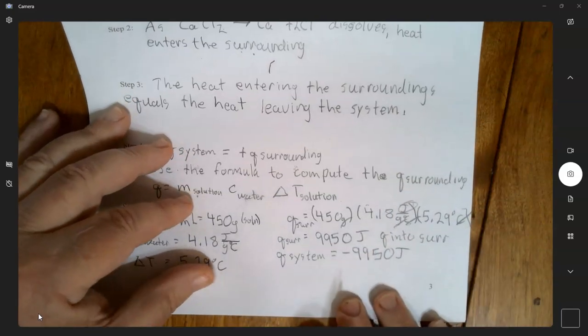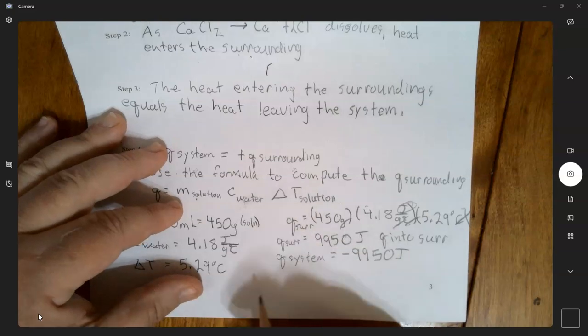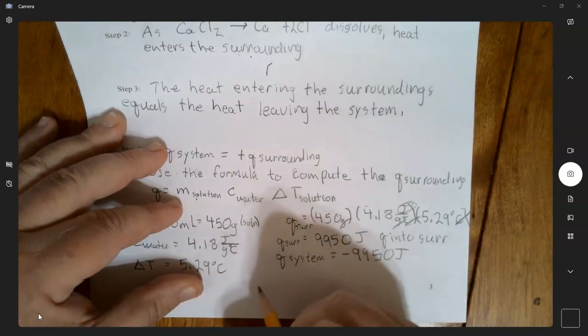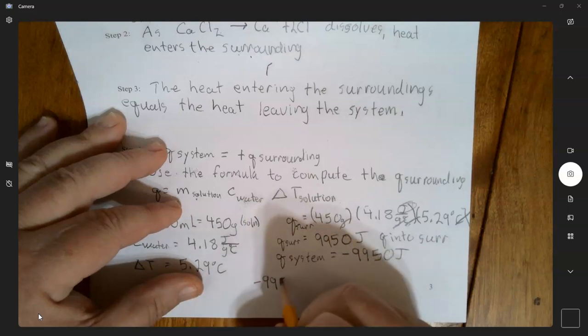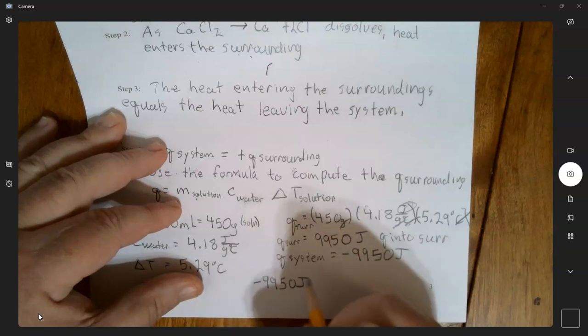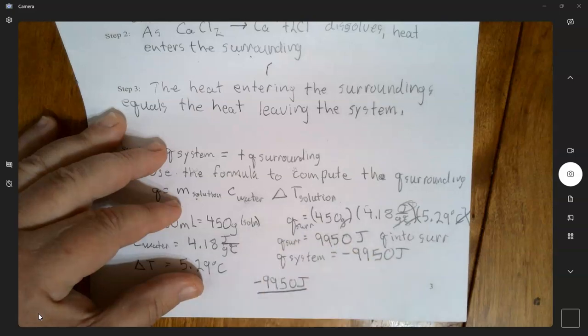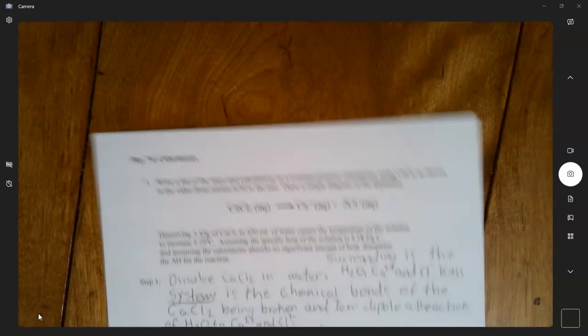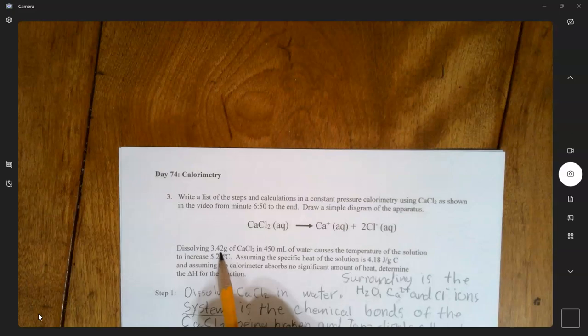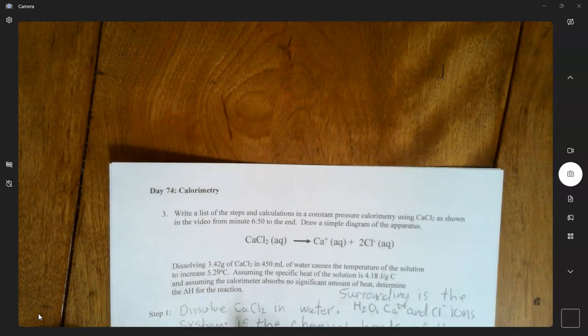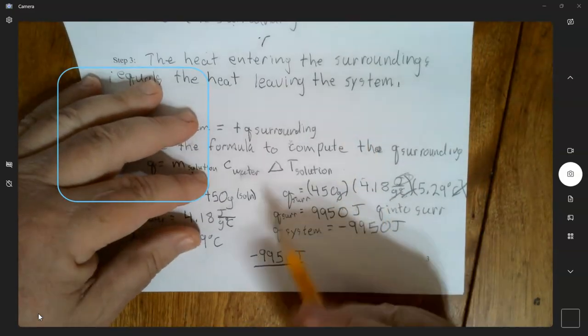Now we want to know the molar heat. I'm going to do this as a single equation. So it's 9,950 joules. And where did that heat all come from? What mass? It came from the 3.42 grams, not from the water. We're not using the mass of the surroundings anymore. We're only using the mass of the calcium chloride because that's where the energy came from.